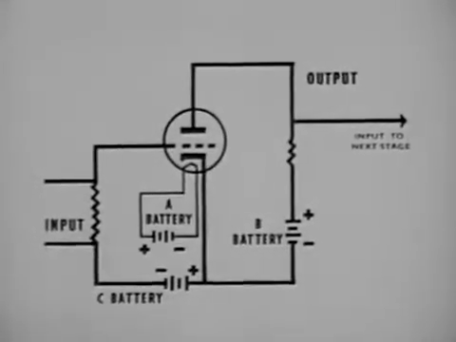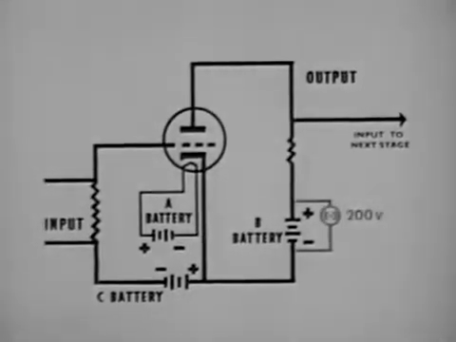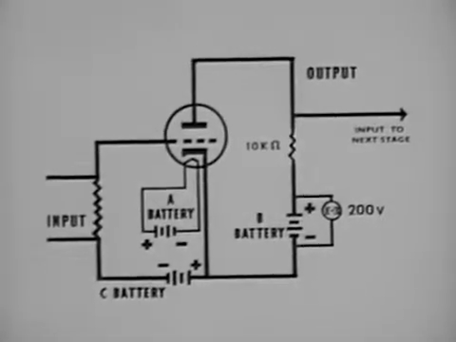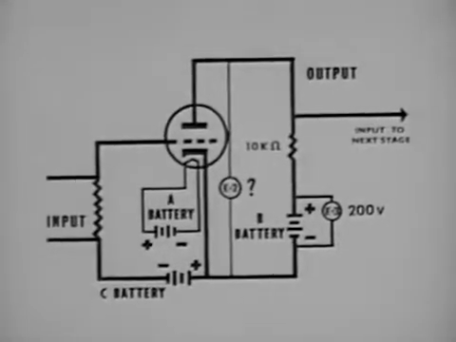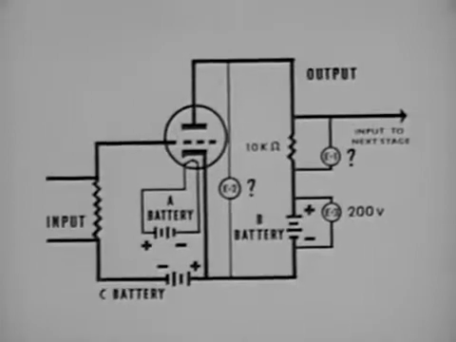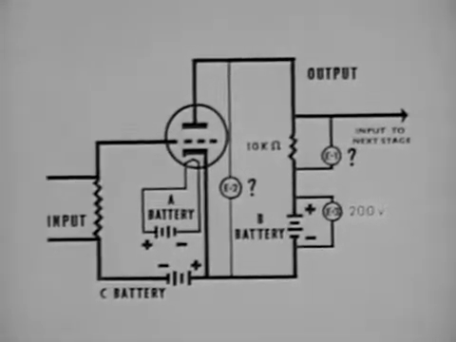Now, suppose we place some values here. The B battery has a potential of 200 volts, and the load resistor is 10,000 ohms. To compute E2, or the difference in potential between the plate and cathode, we must subtract E1, or the drop across the load resistor, from E3, or 200 volts.